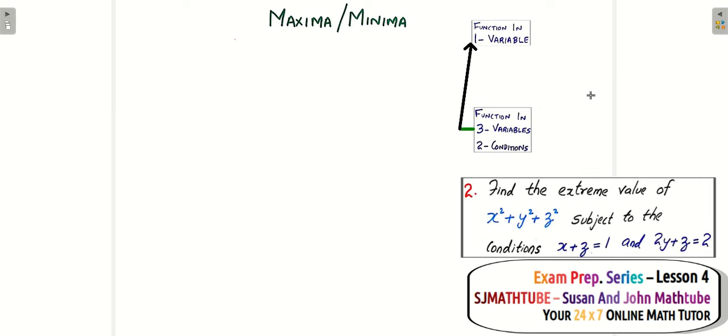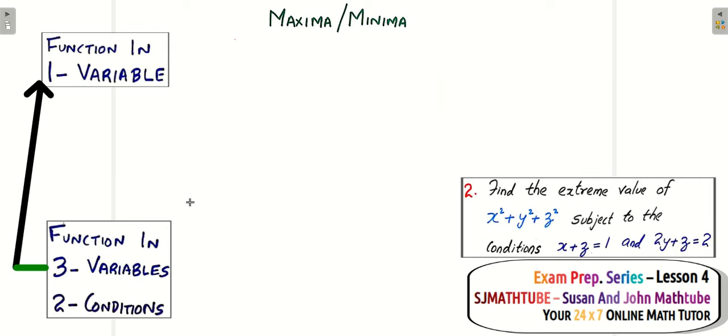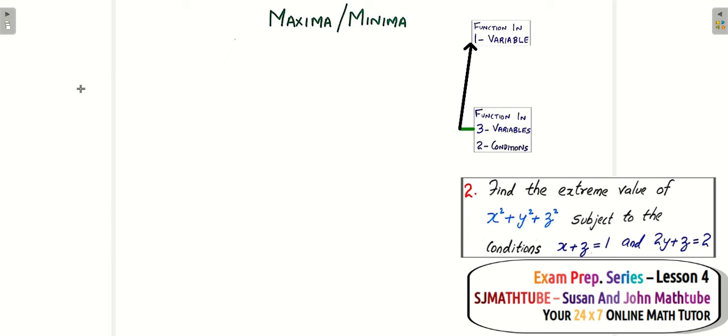I hope you remember this picture. I'll magnify it for you. So function in 3 variables and 2 conditions. And what did I promise? I told you you will be able to reduce it into a function in 1 variable. So let's try it.